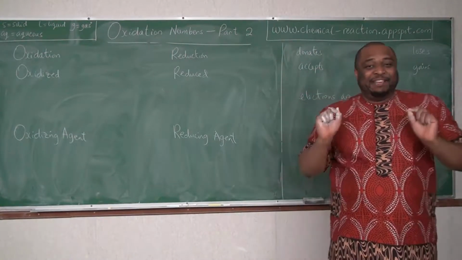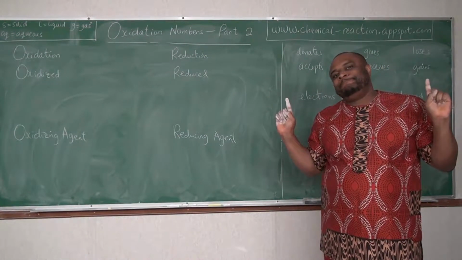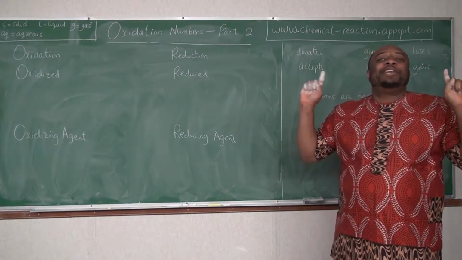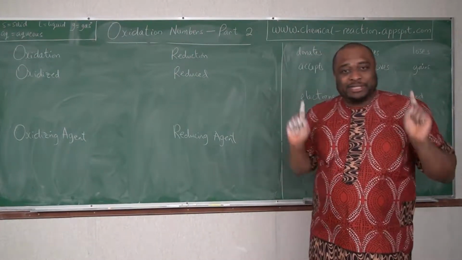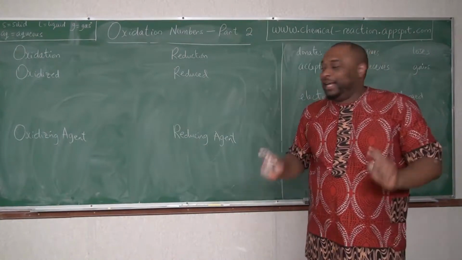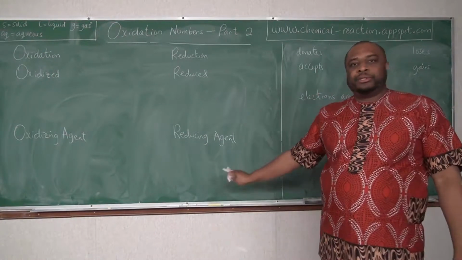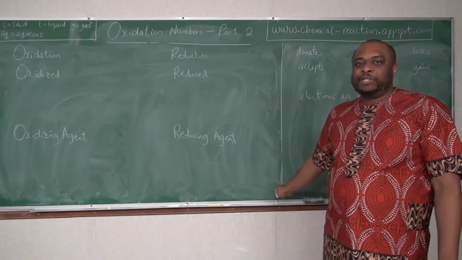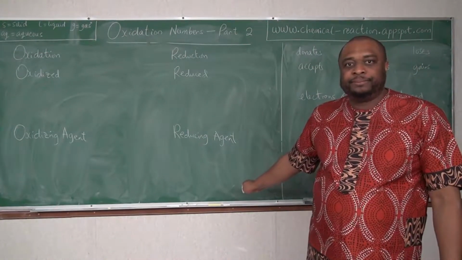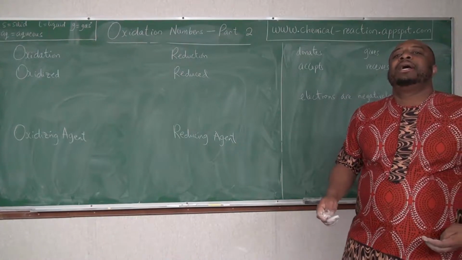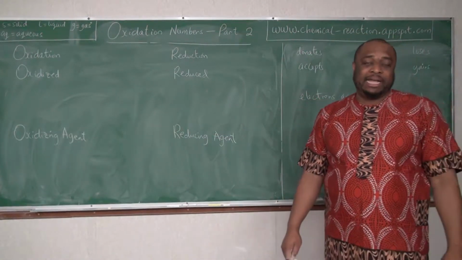If you receive a negative, you're reduced. We don't want negatives, we want positives, but if you receive electrons, which are negatively charged, you become reduced, period. So whoever accepts electrons is reduced, and whoever gives the electrons out is oxidized.